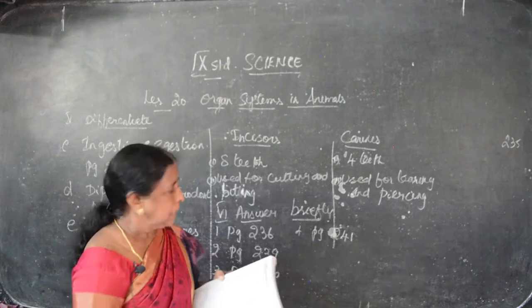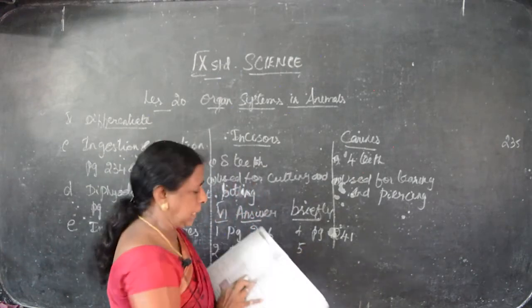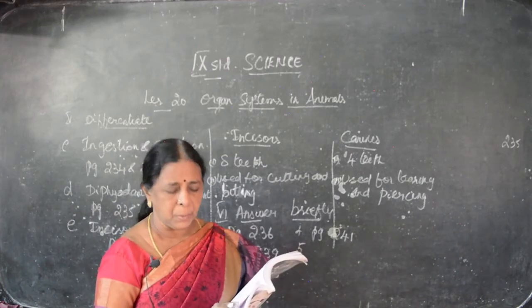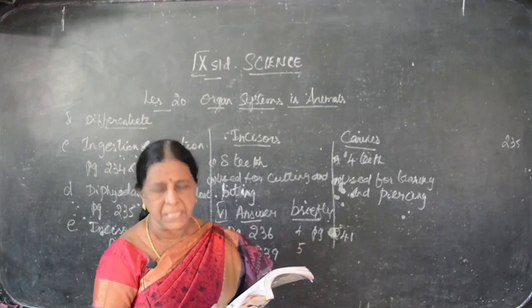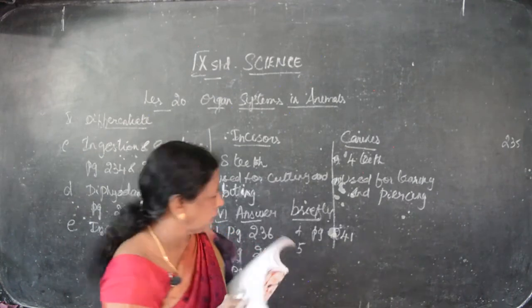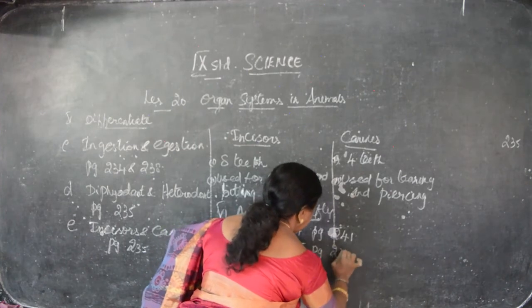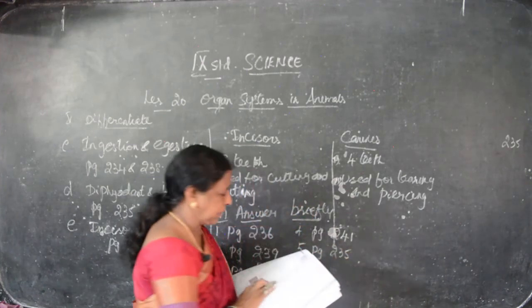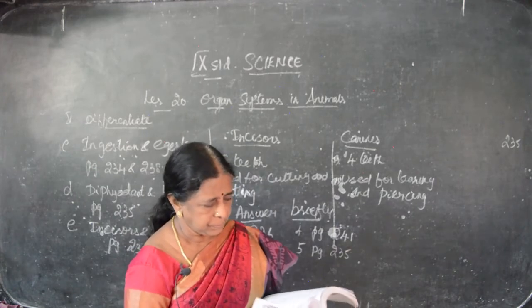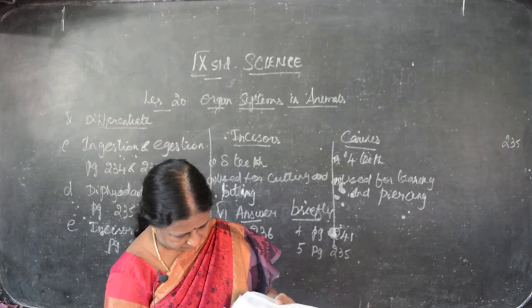Fifth answer. Name the type of teeth present in adult human being. Mention the function of each. You have to answer. That is in page number 235. Take page number 235 now.